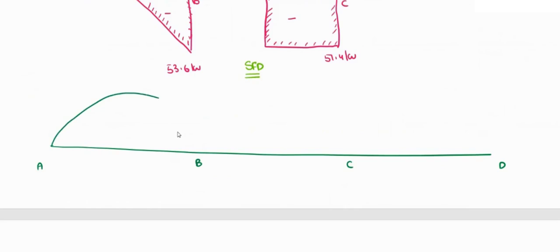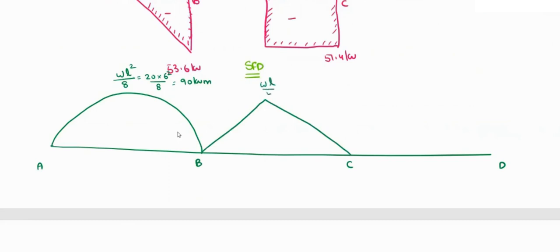So that will be WL square by 8, which is 20 into span 6 square by 8, so that will be equal to 90 kilonewton meter. And again here you are having a point load at the center, so that will be WL by 4, that is load here is 80 into 4 by 4, so that will be equal to 80 kilonewton meter. These two are in the positive direction.